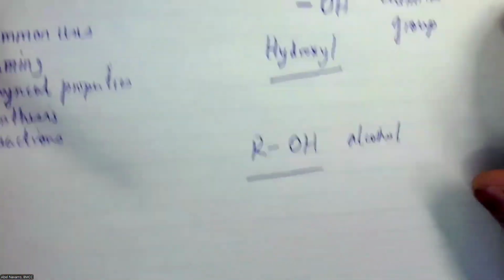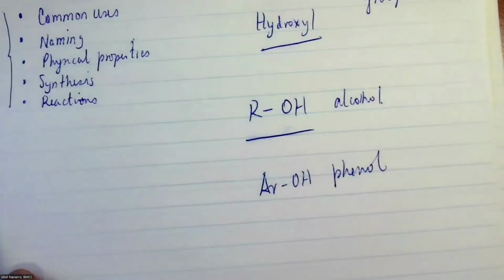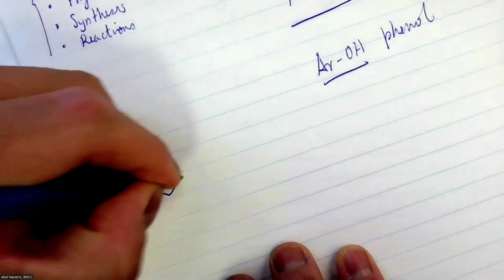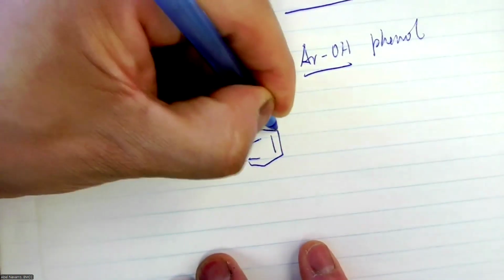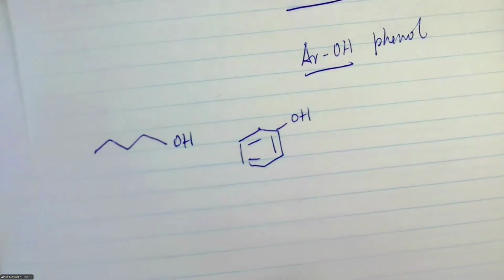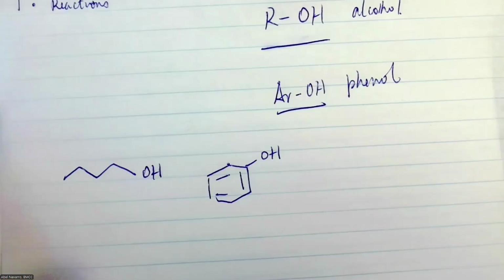If it's aromatic, it will be called a phenol. What's the difference between alcohols and phenols? For example, this one would be an alcohol, and a phenol would be this one. That's exactly what we were mentioning before.